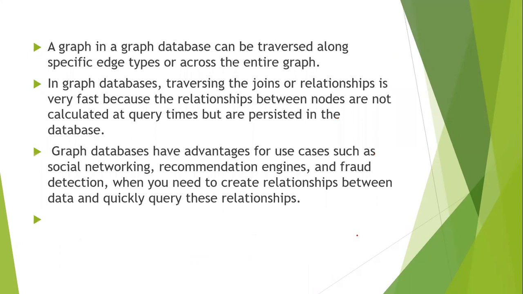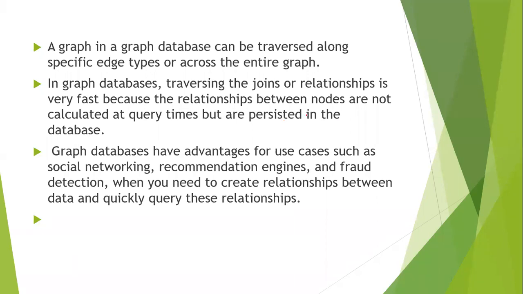See, in a graph database, traversing joins or relationships is very fast because relationships between nodes are not calculated at query time but are persisted in the database. How many relations you have doesn't matter. That means if you want to travel from one node to another node, we are least bothered about how many edges are there. We will only concentrate on what relationships they have, that's it.